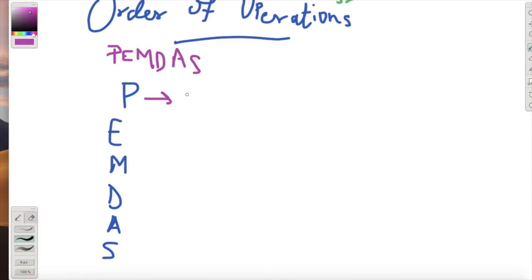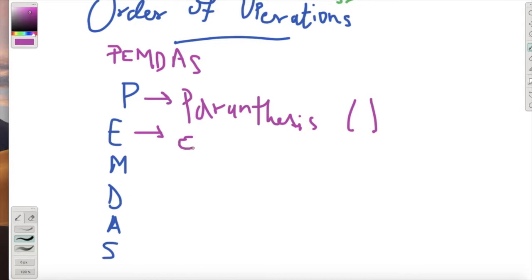Starting with P. P stands for parenthesis, which is this. E stands for exponent. It is something like you will see down the line, the square root or power, like x squared or a cube. This thing is exponent.